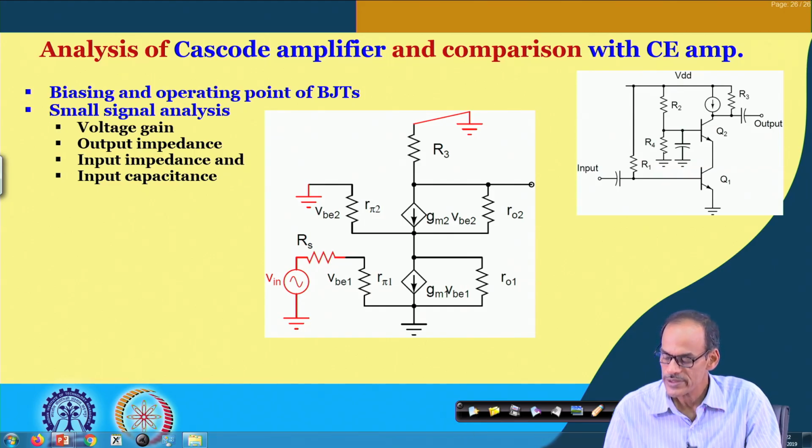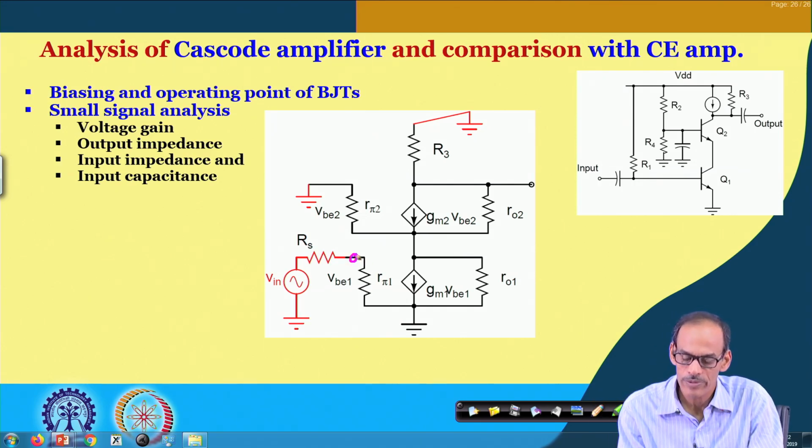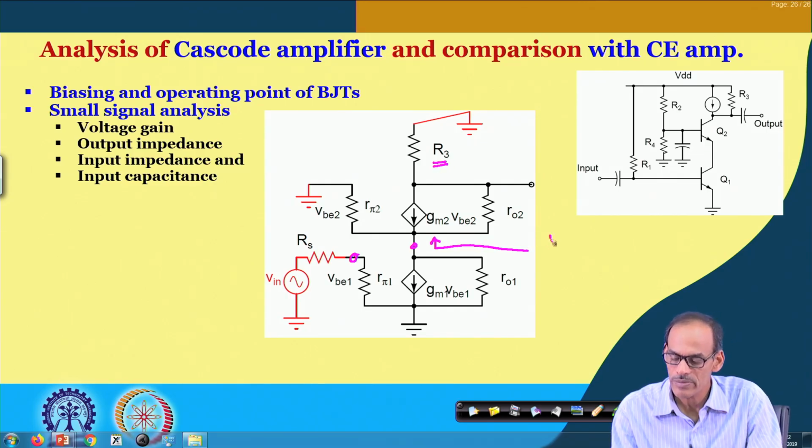If you see this circuit, and if you want to know what the gain from here to here will be, we need to know the corresponding impedance we have here. And we have seen that, based on the value of this R 3, this impedance may be in the order of 1 by g m 2.